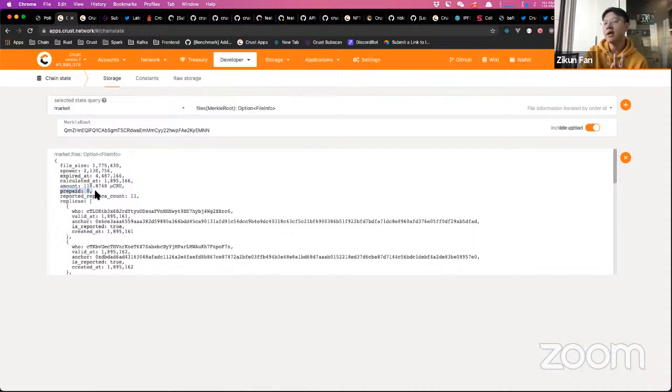There is a database called prepaid. You can just put extra CRU into this prepaid pool, so it can automatically extend your storage duration. I just said a very strange word, but I'll show you here.